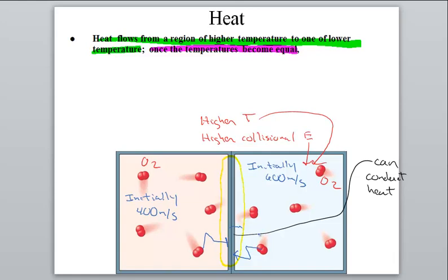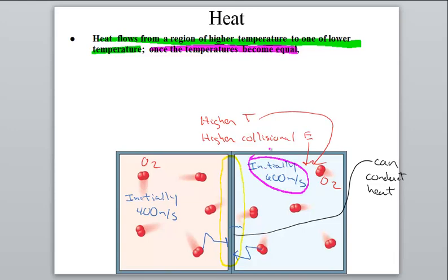You have collisions on both sides of that wall. On both sides, the oxygen molecules can lose kinetic energy in a collision, and on both sides they could actually take kinetic energy from a collision with the wall material. But on the right-hand side, where the velocities are greater, you have a higher collisional energy.